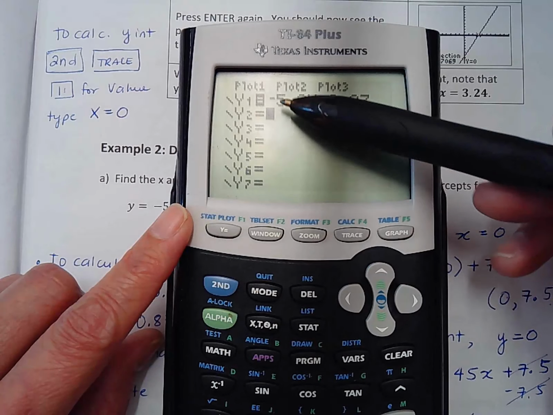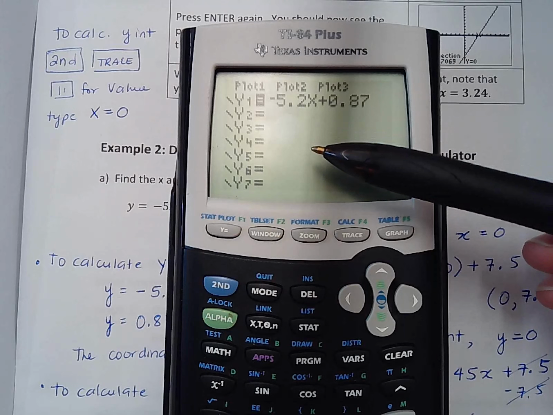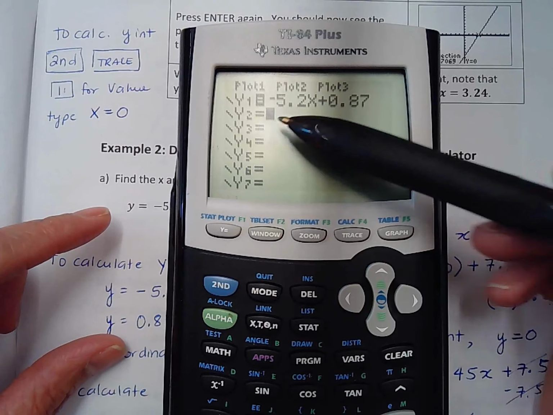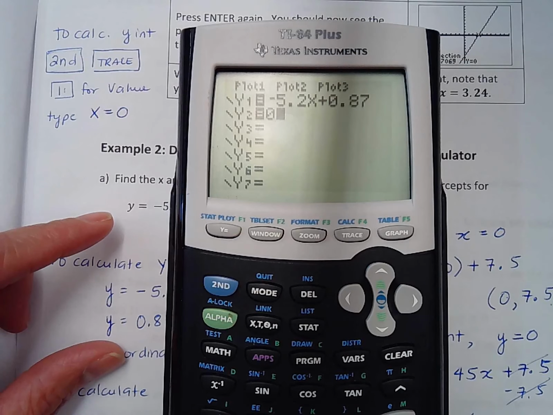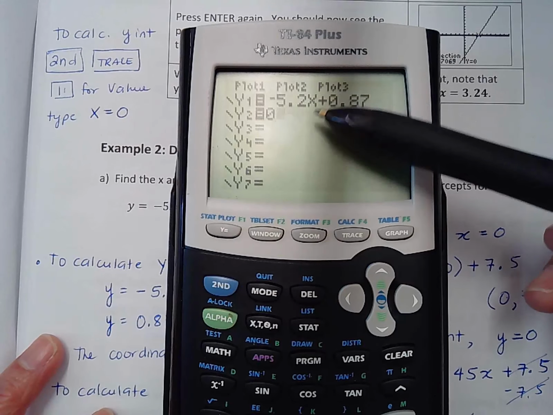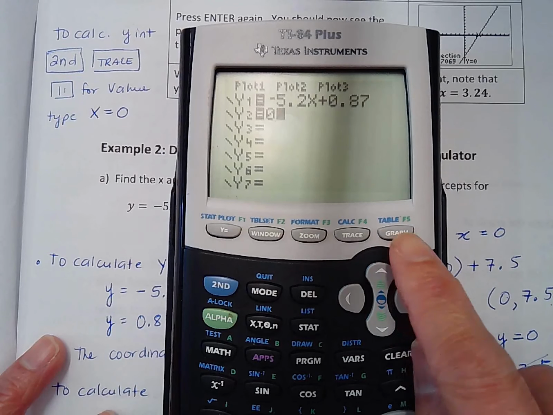Is everybody in y2? Yeah. And you can see it's blinking. It's waiting for us to enter something. We're going to put y2 equals 0. Okay, is everybody there? Remember, y1 is still there. We're just going to go to y2. We're going to put 0. Okay, press graph.